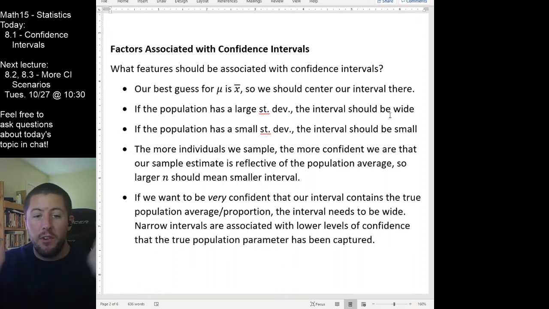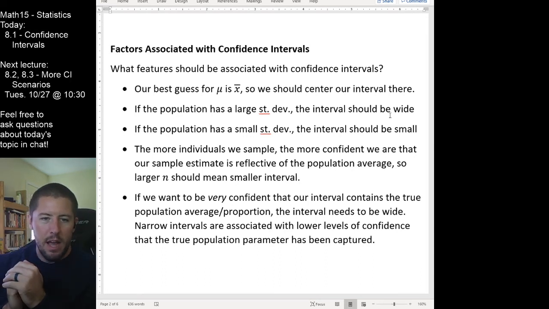What would be very good for us would be to have very, very narrow confidence intervals, because then I can say, aha, I know really, really accurately what mu is. I know it's between this value and this value, and they're really close together, so I have a really good idea of where it lives. When we have huge confidence intervals, that's just like me saying, I am confident that the true average height of adult males is between 5 foot tall and 7 foot tall.